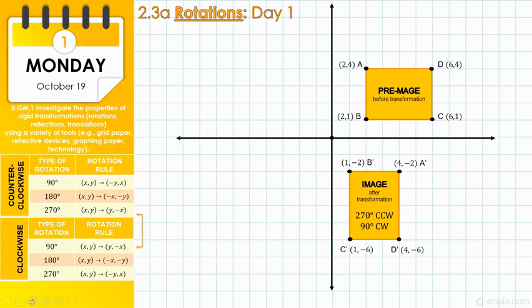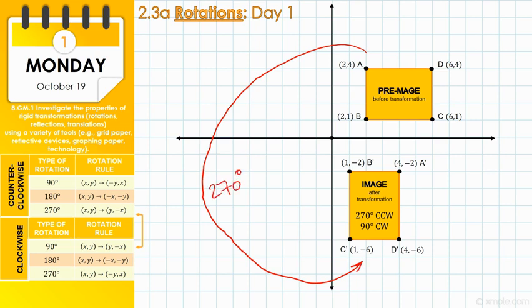Again, when we're looking at 270 and 90, the same holds true. If I'm going counterclockwise 270 degrees, 270 degrees counterclockwise is the same as a 90-degree rotation clockwise. 90 degrees clockwise.